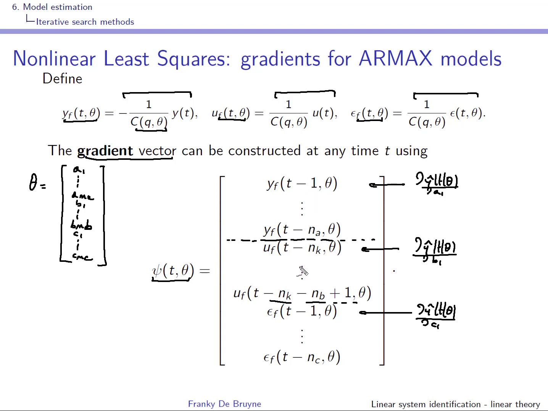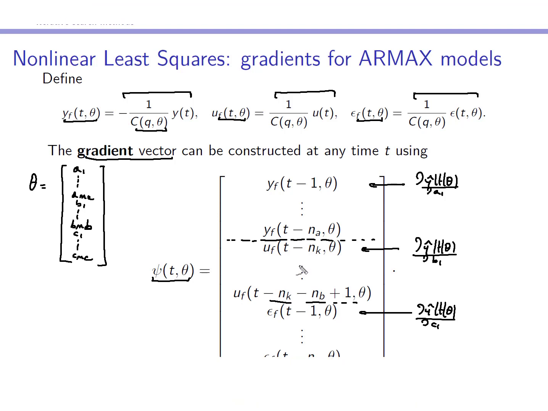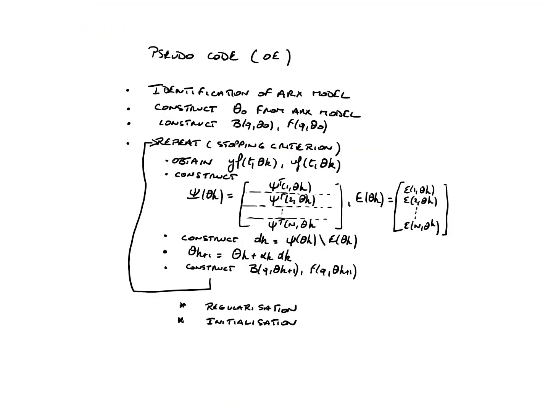So this is how you can construct the gradient vector for ARMAX models. What you see here is a kind of pseudocode or algorithm that will help you to implement, for instance, an output error function. You will have something very similar for the case of the ARMAX model.